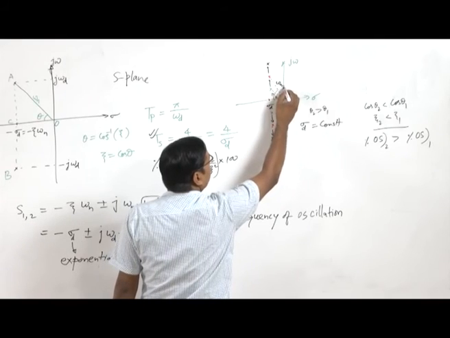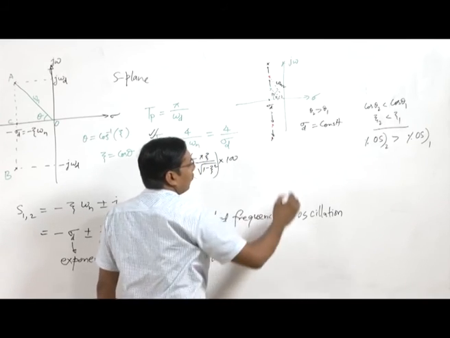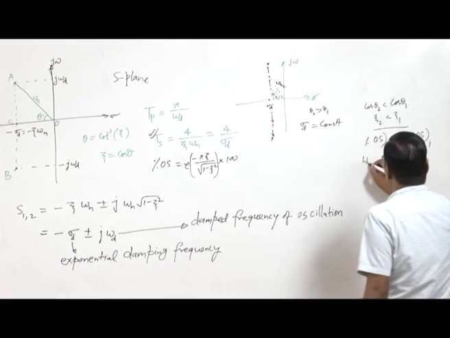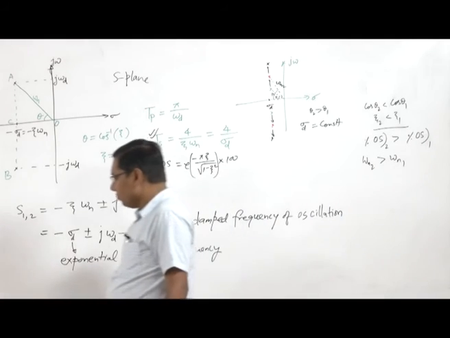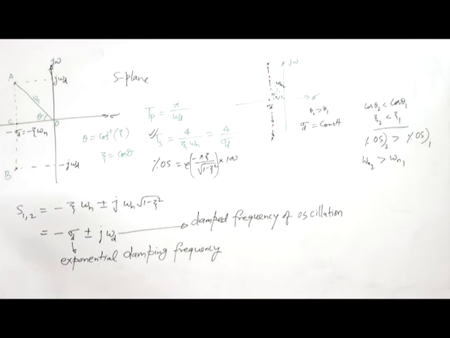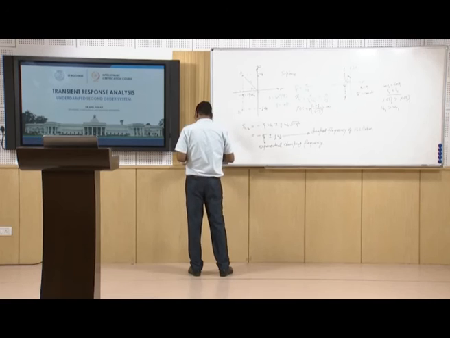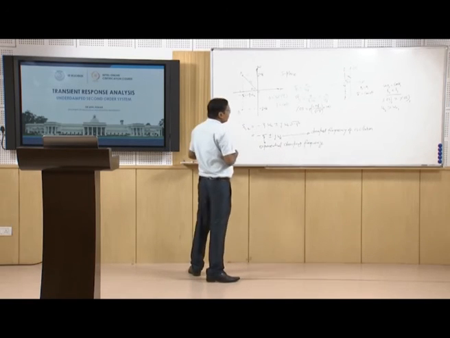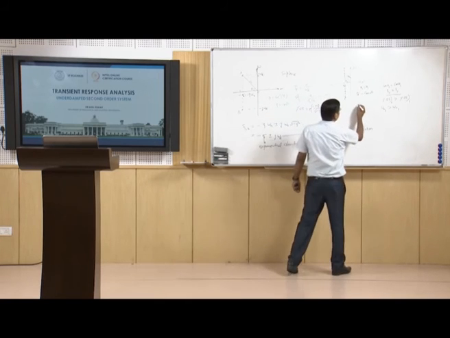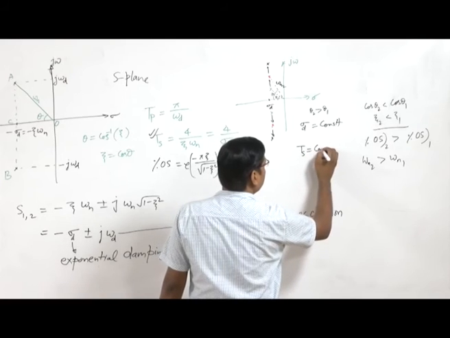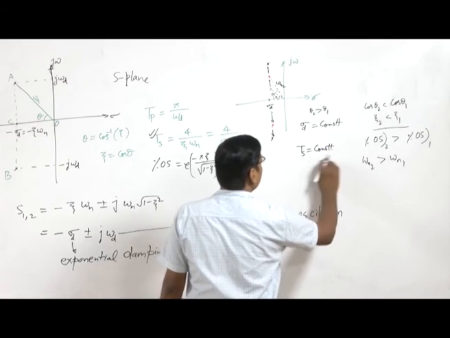So omega n2 is greater than omega n1. So we have natural frequency that is increasing. So settling time is constant, Ts is the same.